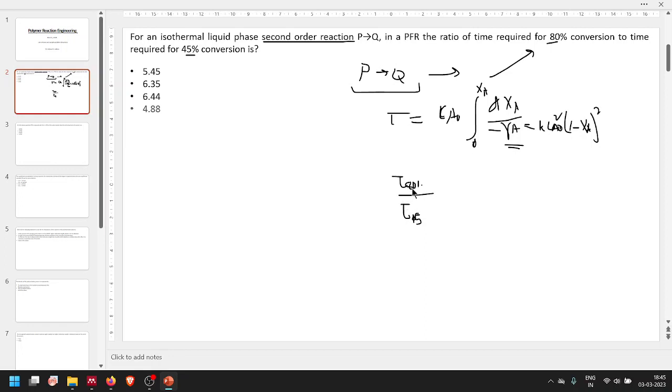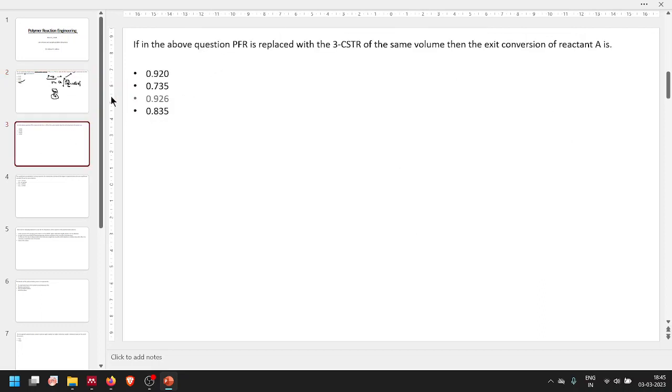When you take the ratio of this, you will be able to calculate the ratio of the time required in these two cases. Upon solving this, you will see that the ratio of the time required will be around 4.88. So that is how much time it would take for 80% conversion to occur when compared to the 45% conversion to occur.